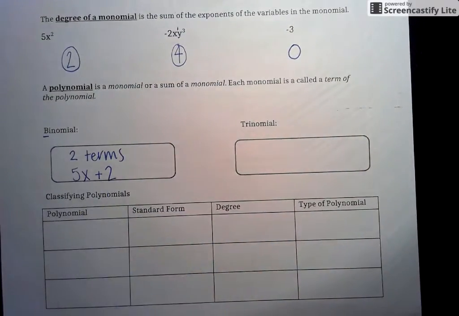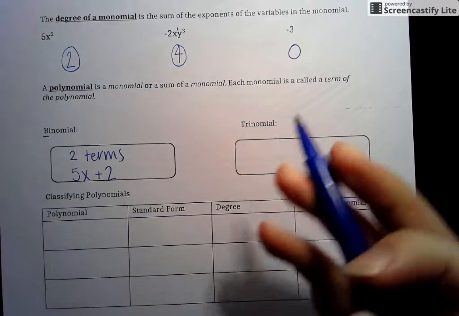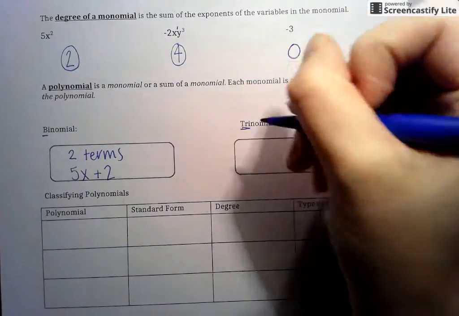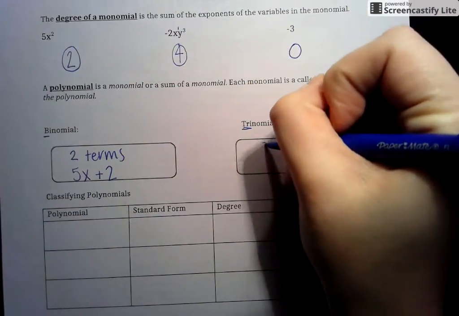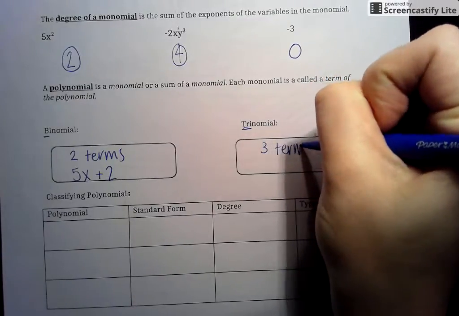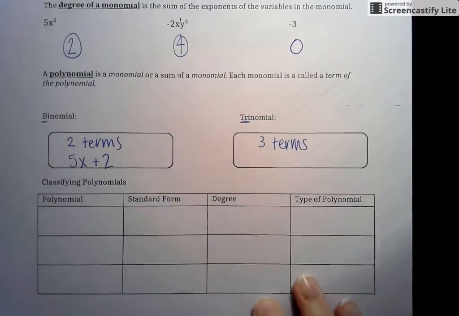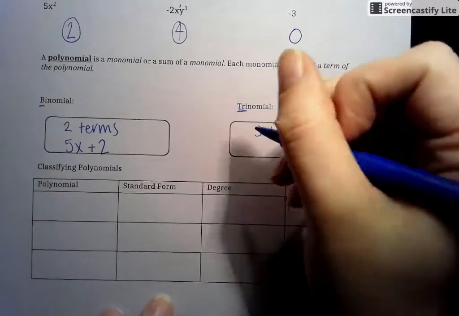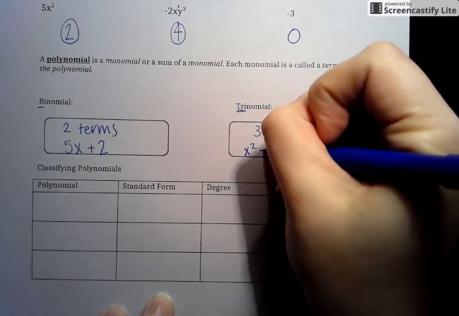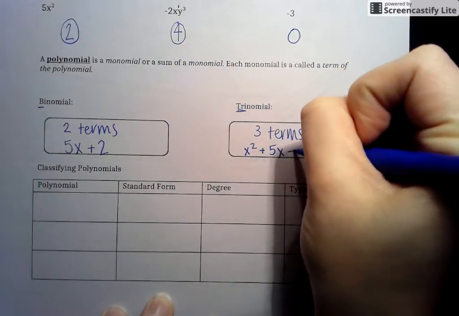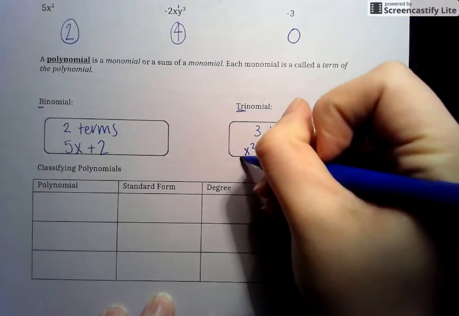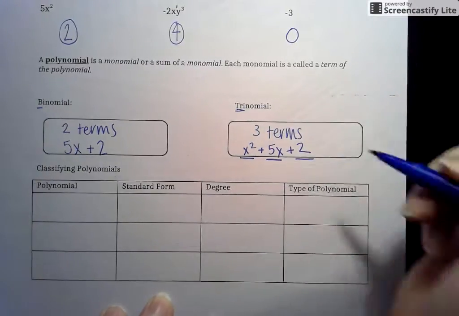Monomials together, they make a binomial because they're 2 terms. A trinomial, so think of tri, it's 3 terms. And an example of that would look like x squared plus 5x plus 2. If you see, you have 1, 2, 3 terms.